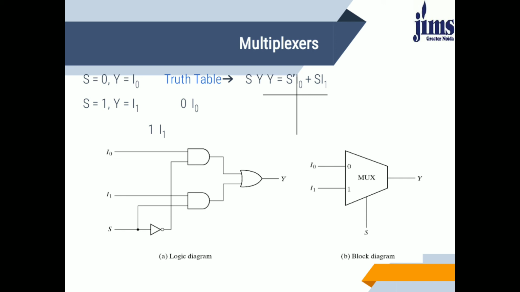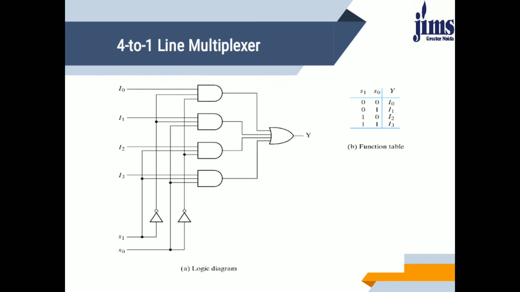So, this is the work of a multiplexer or mux. See, it is the block diagram or symbolic diagram of a multiplexer. This is through which we represent the mux. If you wanted to make a 4 into 1 line multiplexer, then we need to give 4 inputs I0, I1, I2 and I3, and for 4 inputs 2 selection lines are required.